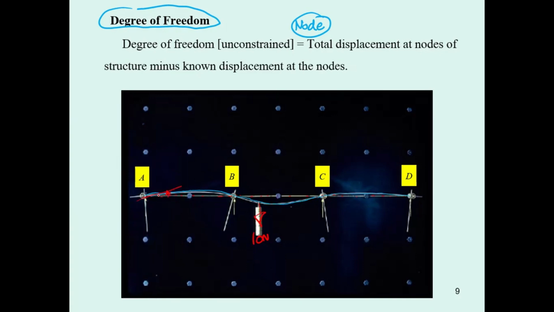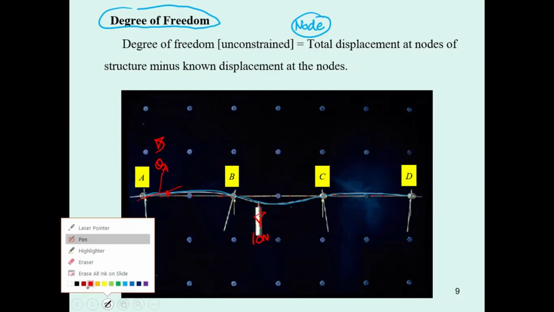If you put the tangential line in reference to the original horizontal line, this is going to be θ_A, and it rotates in the counterclockwise direction.